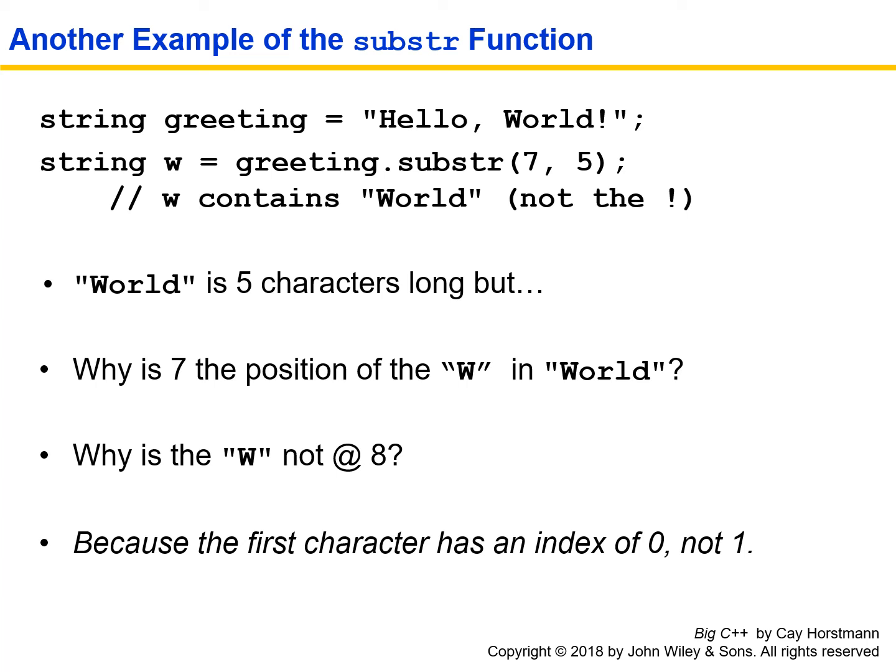Greeting.substring, hello world, we want to pull out the world. We start at 7. H is 0, E is 1, L is 2, L is 3, O is 4, comma is 5, space is 6, so W in world is 7.